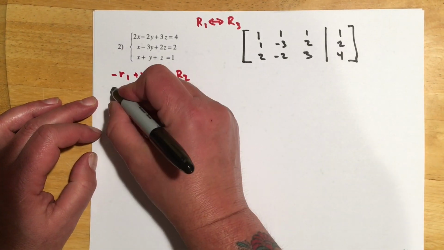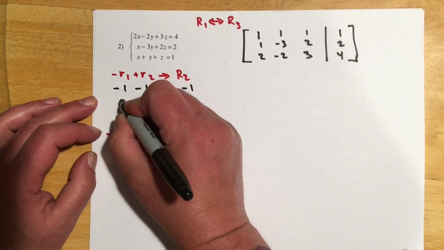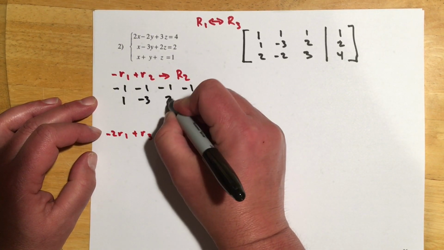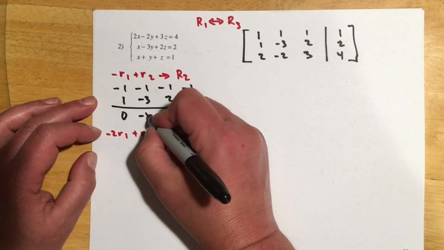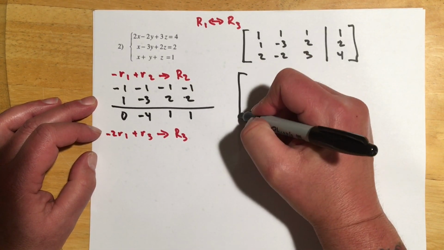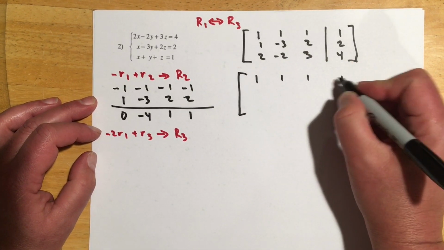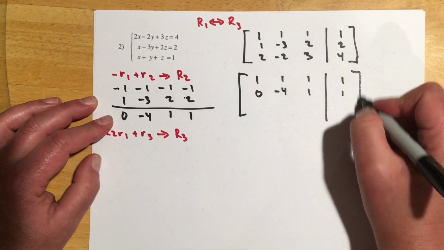So, super easy equation to work with. Negative 1, negative 1, negative 1, negative 1, and 1, negative 3, 2, and 2. So we get our first 0 there, negative 4, 1, and 1. So we got 1, 1, 1, 1, and 0, negative 4, 1, and 1.